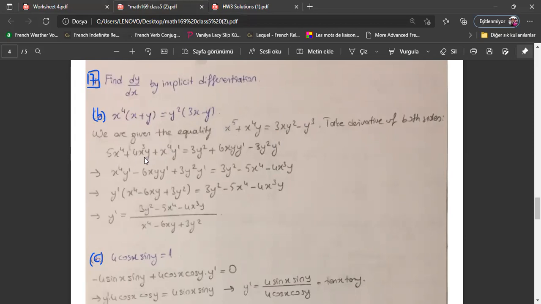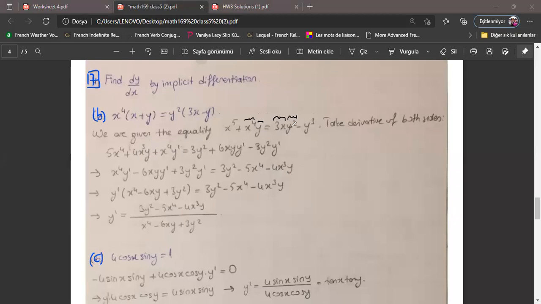This one's derivative is 5x to the 4, and for this one, we see it as a product of two functions, x to the 4 and y. The first one's derivative is 4x cubed times the second one, plus the first one times the second one's derivative, which is y prime. We do the same thing here: first this function and then this function.